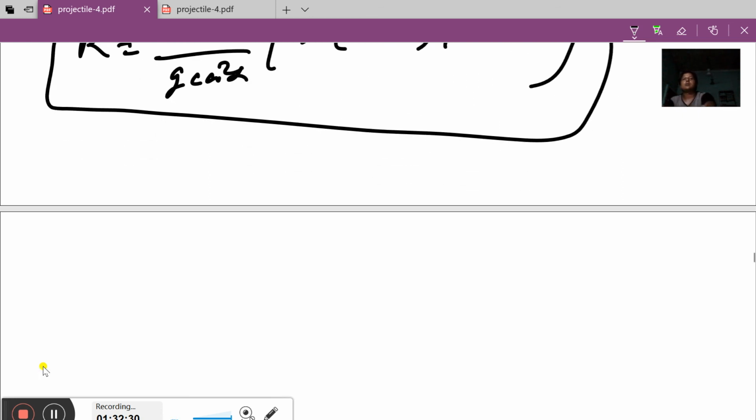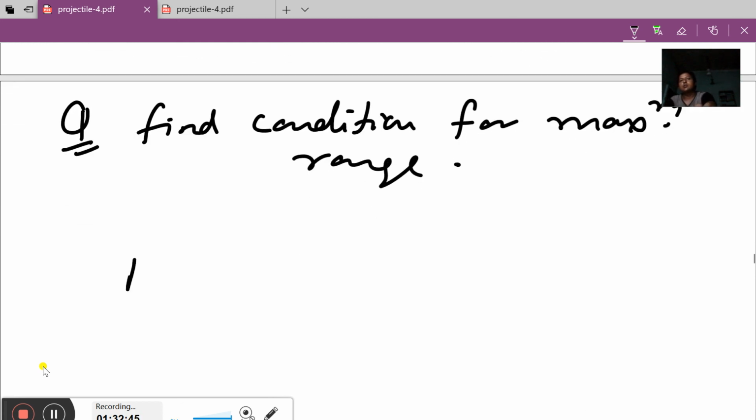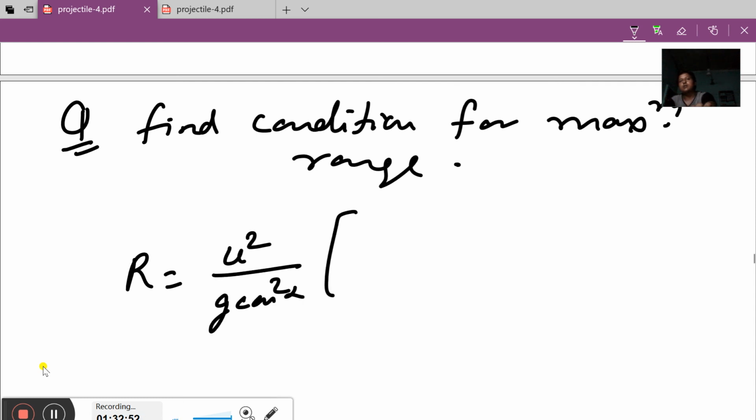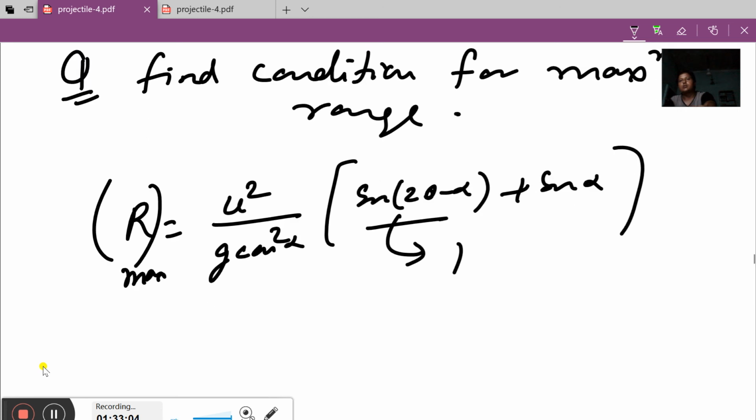Now find the condition for maximum range. As R equals u square over g cos square alpha into sin 2 theta minus alpha plus sin alpha, R is maximum when sin 2 theta minus alpha is 1.